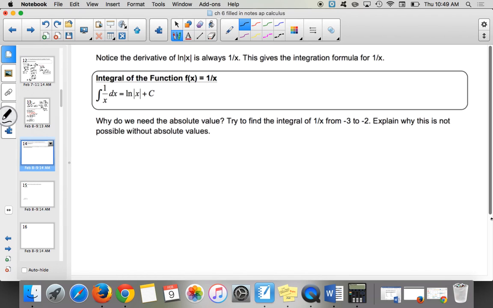So it says, why do we need the absolute value? If I tried to find the integral of 1 over x, we know what 1 over x looks like, right? It looks like this. So if I try to find that area, or that integral, from -3 to -2, you get that.